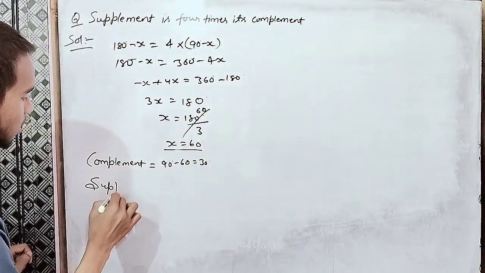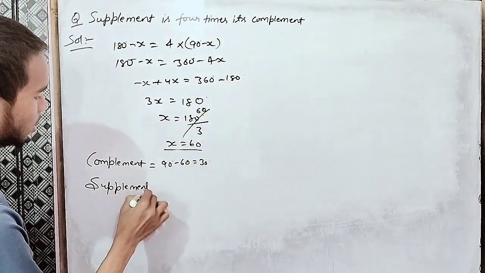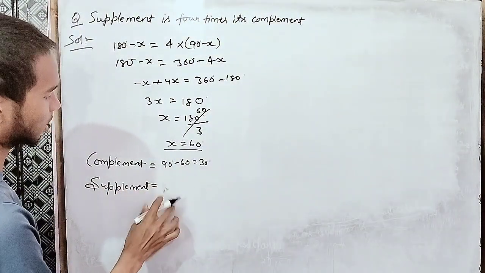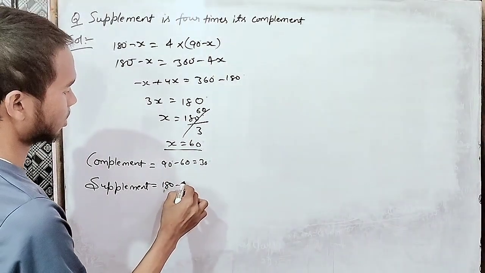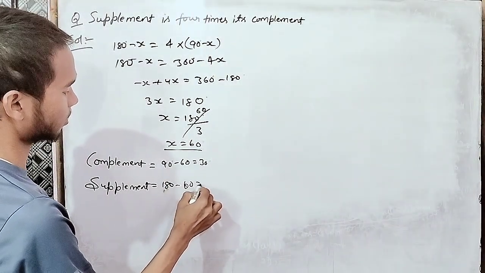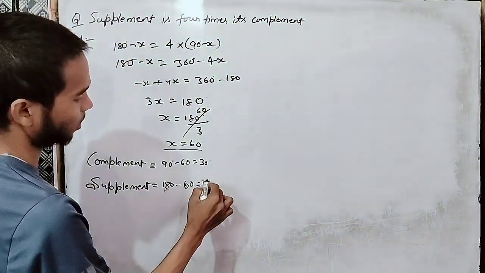The supplement would be 180 minus 60, which is 120.